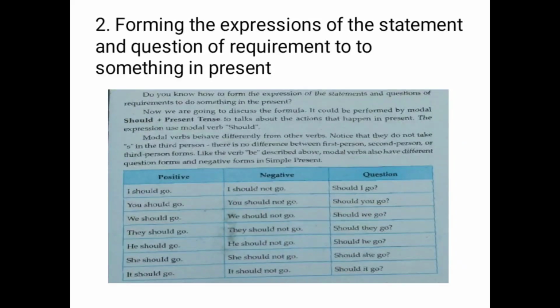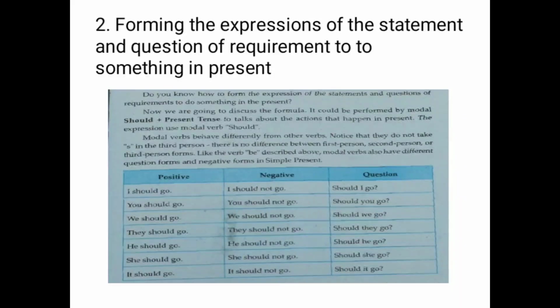It could be formed by modal should plus present tense to talk about the actions that happen in present. The expressions use modal verb should. Modal verbs behave differently from other verbs. Notice that they do not take s in the third person. There is no difference between first person, second person, or third person forms. Like the verb be described above, modal verbs also have different question forms and negative forms in simple present.